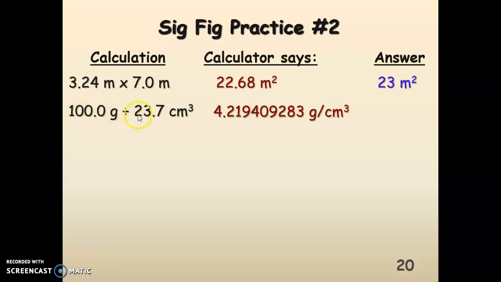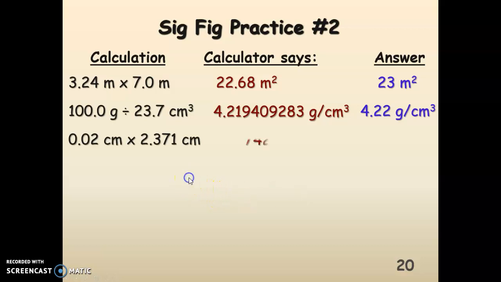That's 4. This one has 3, so 3 is the smallest number, so we should have 3 significant figures. So 1, 2, 3. Look at the next digit. It's 5 or greater, so we round up. So 4.22 grams per centimeter cubed.